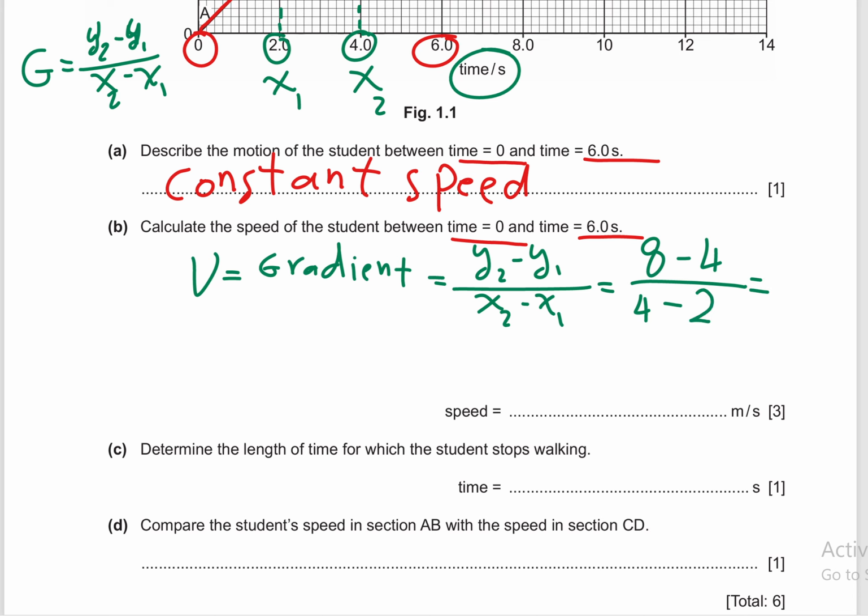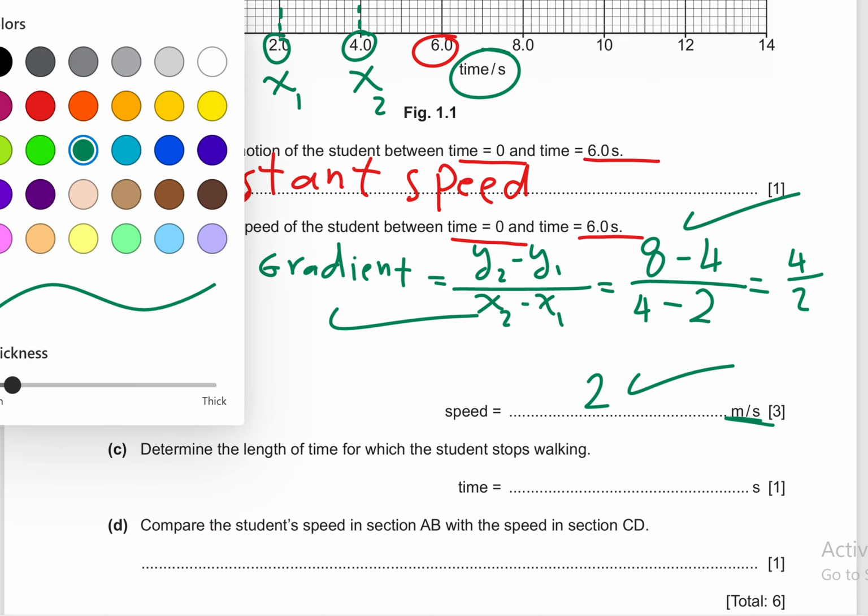So it's going to be 4 over 2, which equals 2 meters per second. This is the speed. I hope it's clear. You will get 1 mark for writing the formula, 1 mark for the substitution, and 1 mark for the answer. I hope it's clear.